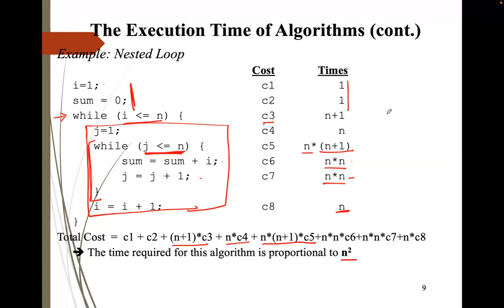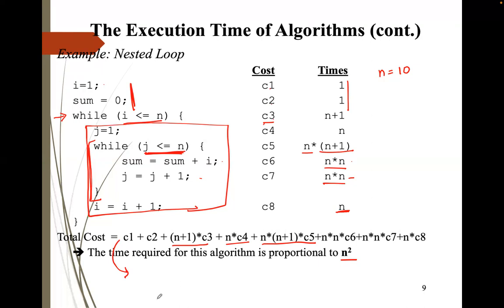All right, so you can see that here if our n value equals 10, the total number of iterations is going to be around proportional to n square. Okay, so let's actually simplify this statement.